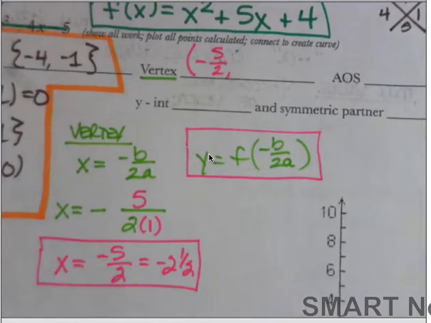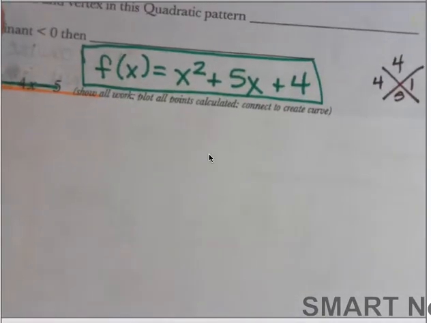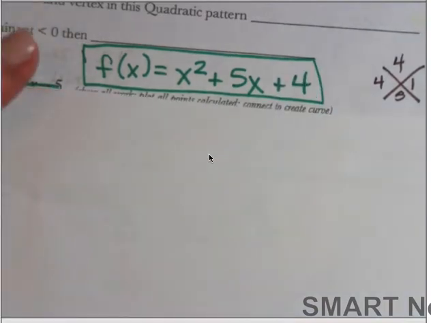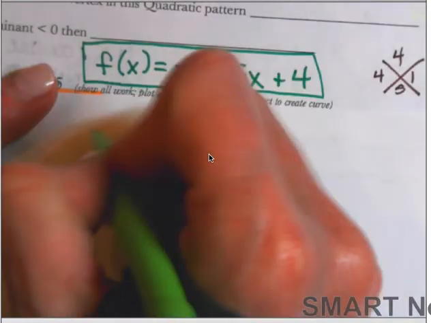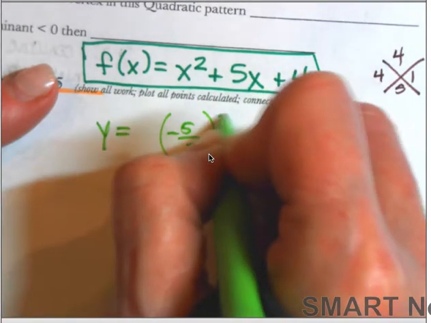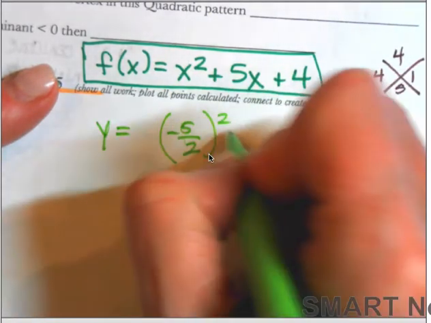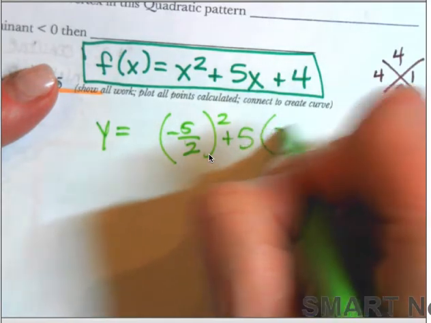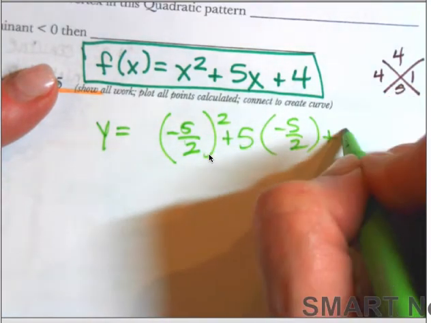Here I have x squared plus 5x plus 4, and my x value is -5/2. I'm looking for my y coordinate. I'm going to have -5/2, which I'm going to square, that's x squared, plus 5 times x, -5/2, plus 4.